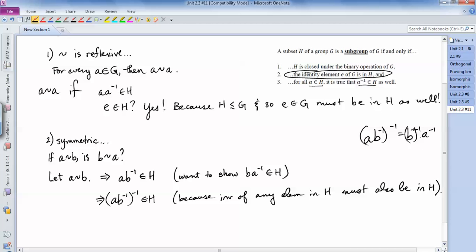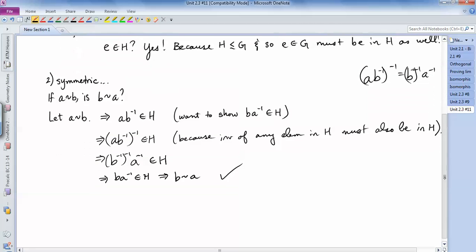And B inverse inverse is B. So this turns into B inverse inverse A inverse is in H. And B inverse inverse is B. So I've got BA inverse is in H. And that proves that B is related to A. So we've got symmetry.